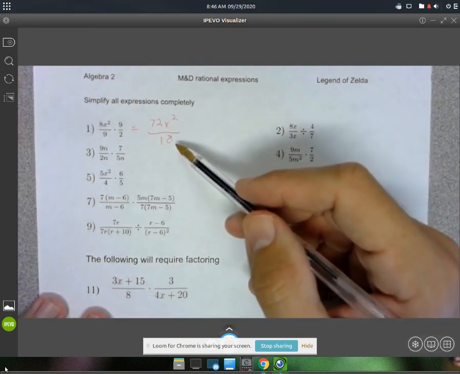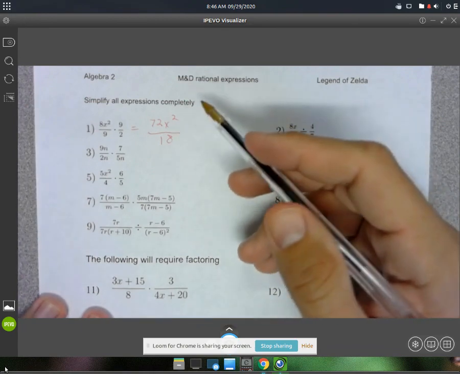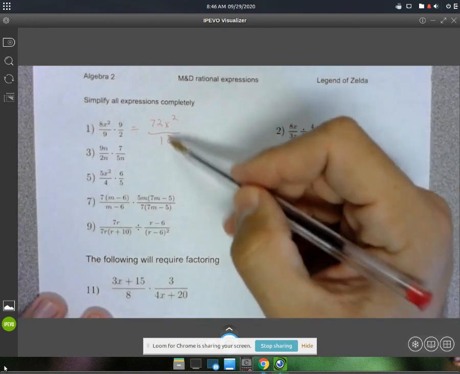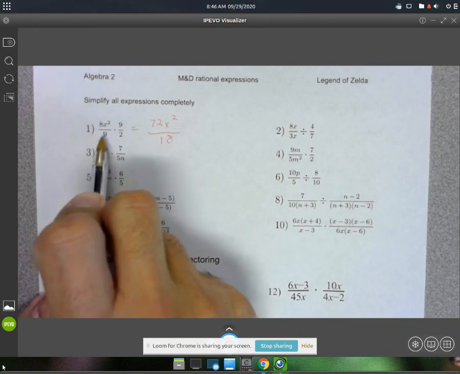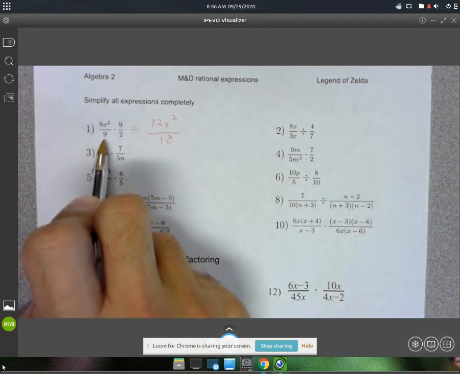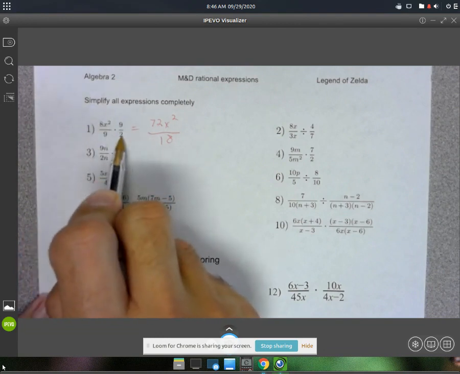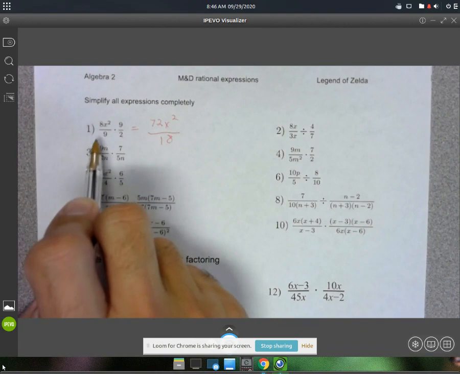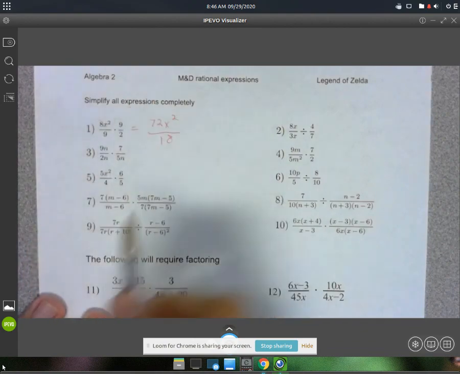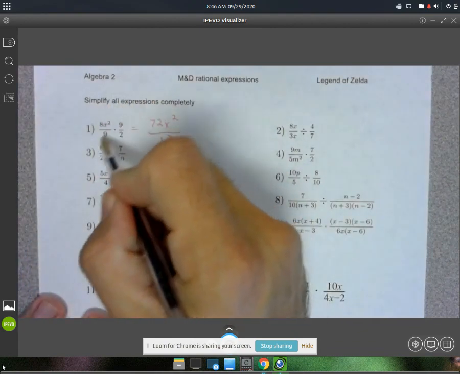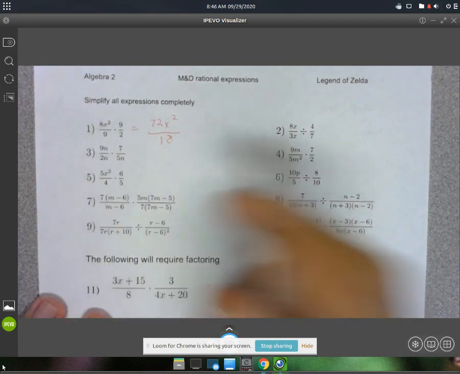All right, the easier way to do this, instead of simplifying 72 over 18, the way it works is you can cancel stuff or simplify stuff vertically. Like 8 and 9 will not simplify. 9 and 2 will not simplify. All right, so you can simplify vertically, but you can also simplify diagonally, when it's multiplication.